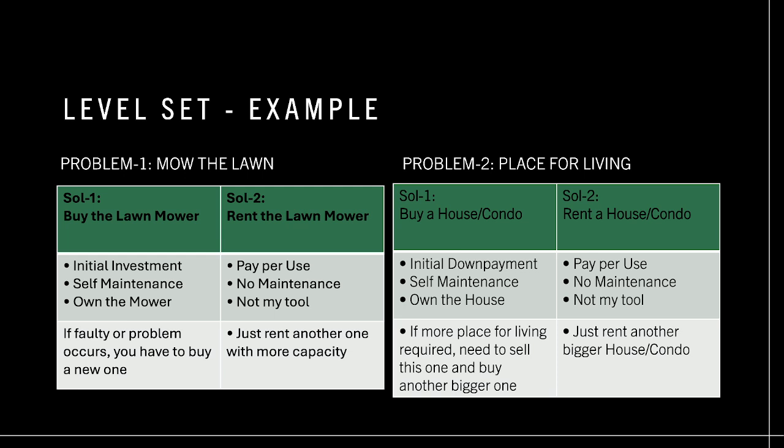But if more living space is required, or we need to sell this one, in case we need extra space, the only solution is to sell this one and buy another, new one, to be bigger. So that's a big challenge.